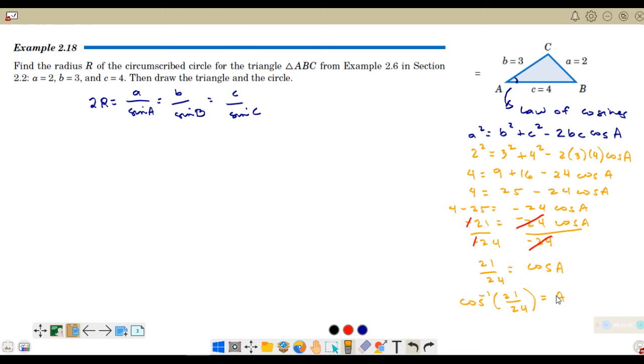Sana mas mauna kayong mag-solve kesa sa akin para masaya. Naglo-load pa lang yung calculator ko sa phone. Kuha niyo na yung sagot.